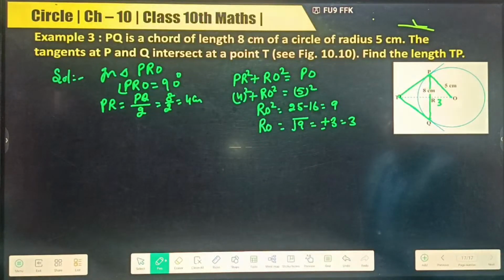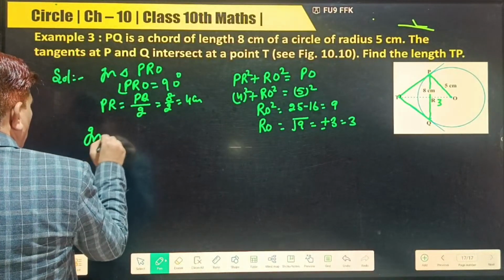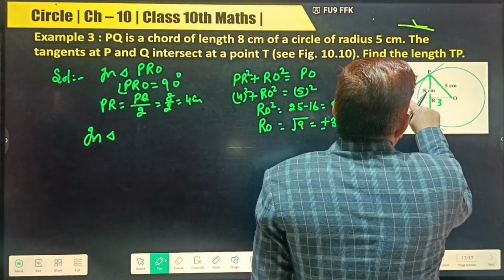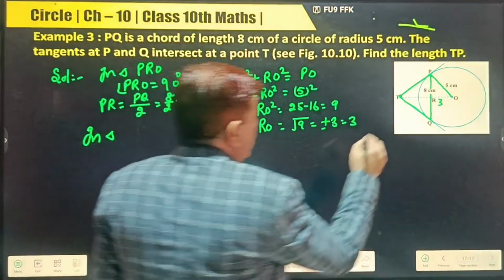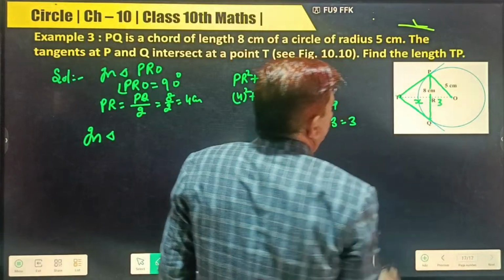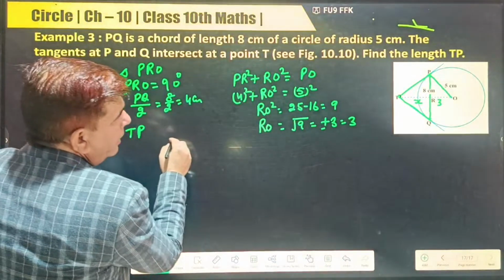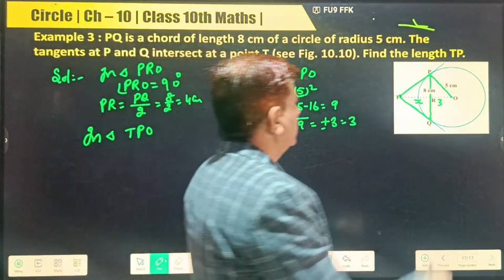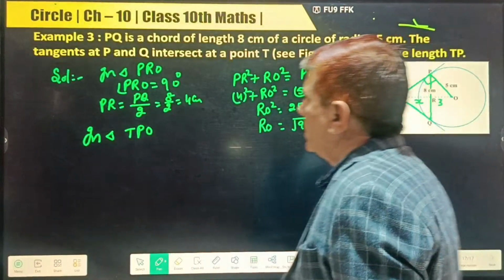What we have to find out? Take triangle TPO, and this TR we can take as X. In triangle TPO, this one is the right angle.